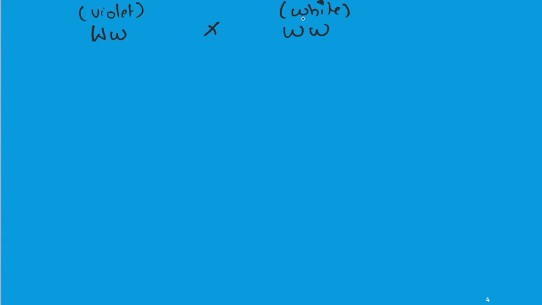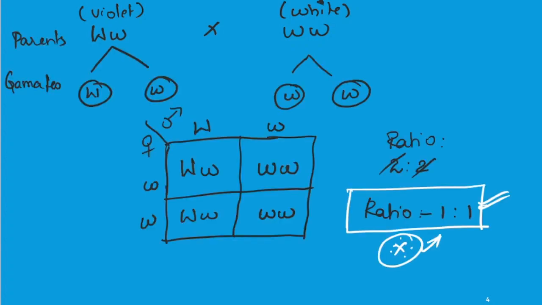These are the parents, and during meiosis you are going to get the gametes. One is capital W and the other is small w. From the white parent, small w and small w. Once again I am recalling the Punnett square, introduced by Reginald C. Punnett, so it is important to know that.